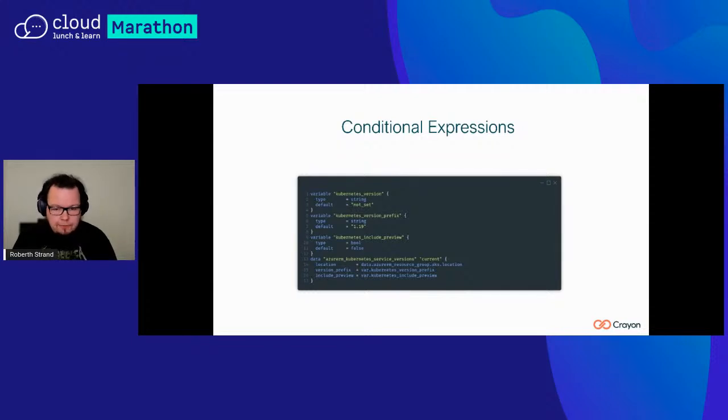Then we use the version prefix if we want, for instance, the latest version of 1.19. So if the latest version of 1.19 is 1.19.28, just saying numbers, that will be the current version.